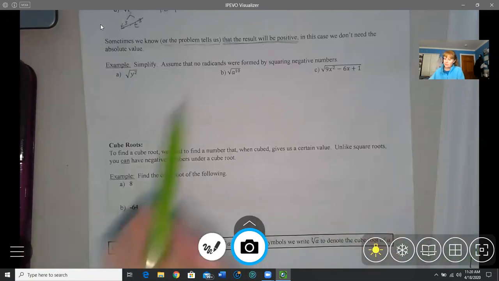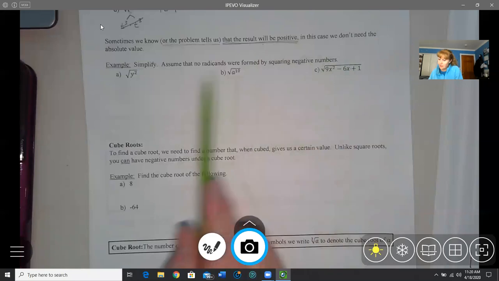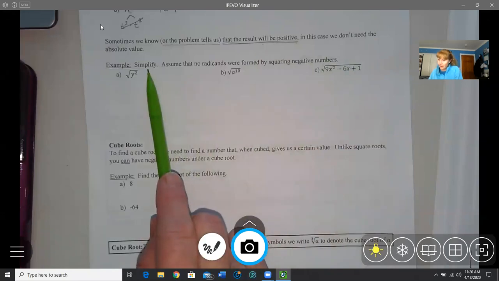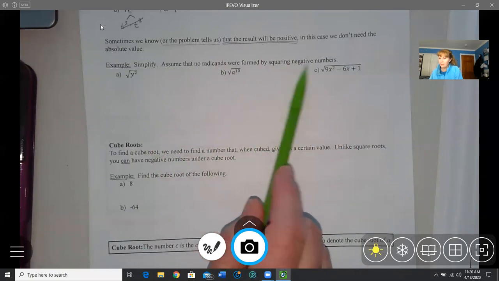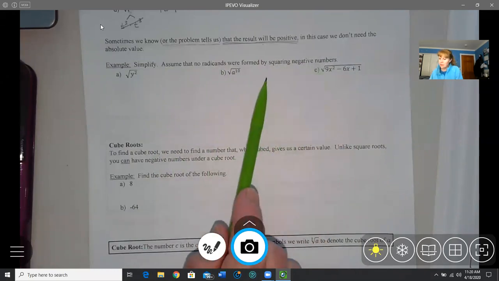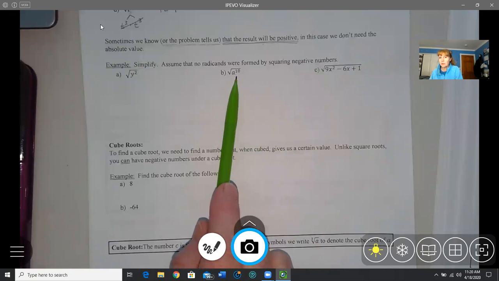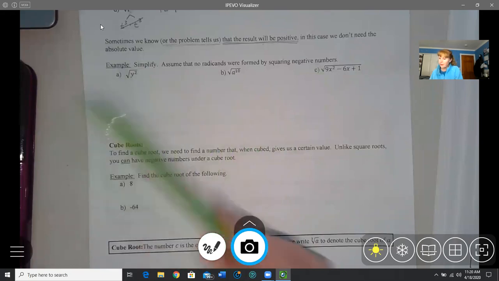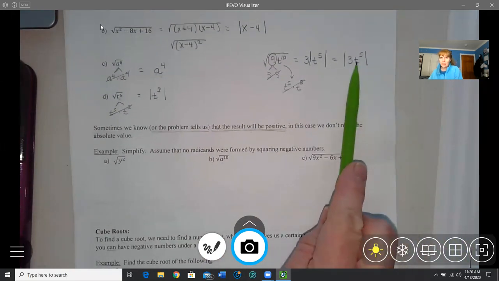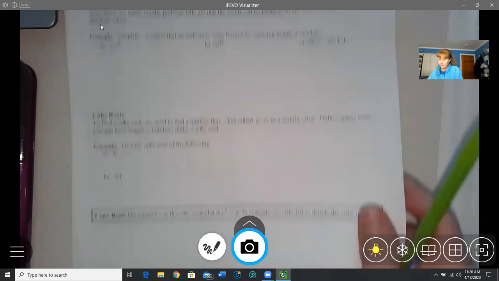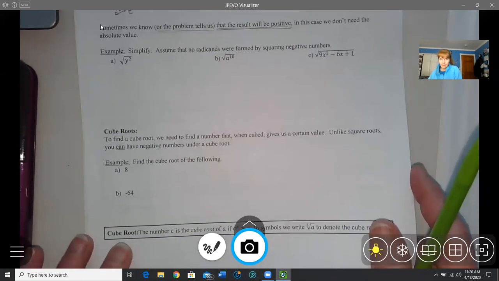You're asked to simplify and assume that no radicands were formed by squaring negative numbers. So in other words, negative numbers were not included in the domain. You're not allowed to put in negatives for the a. And if we're not allowed to put negatives in, we don't need absolute values for these answers here.